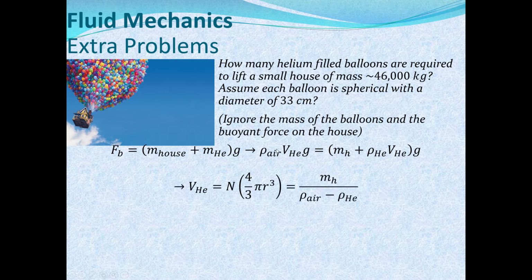So if we take these two terms and move them over here, we can also rewrite the volume of the helium to be the number of balloons times the volume of one balloon, 4/3 pi r cubed. Getting rid of the g's, we end up getting this relationship.